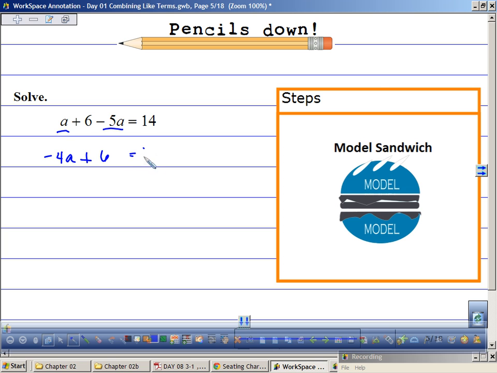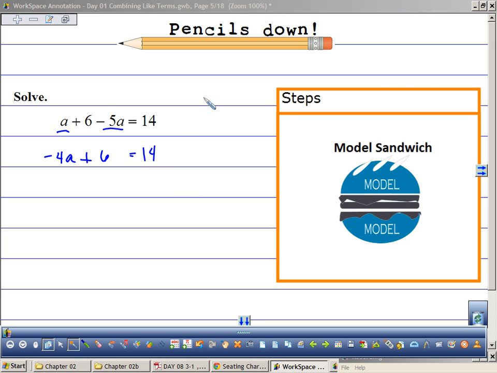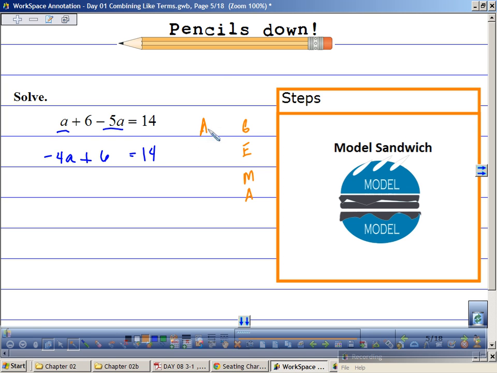Plus 6 equals 14. Now I do PEMDAS in reverse, or GEMDAS in reverse, which is add, subtract, multiply, divide. I'm going to undo those first.